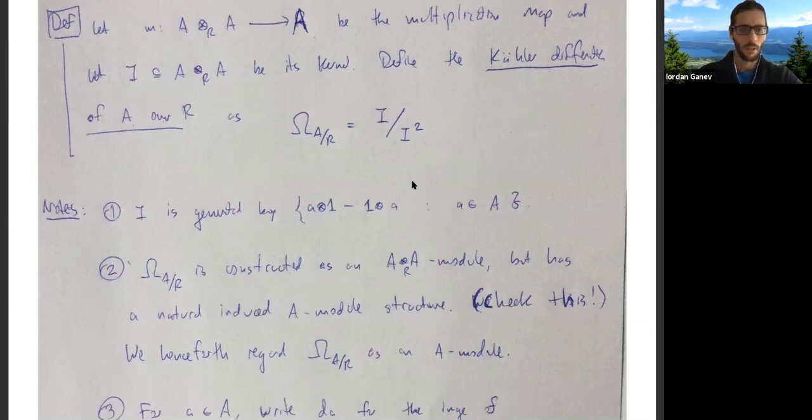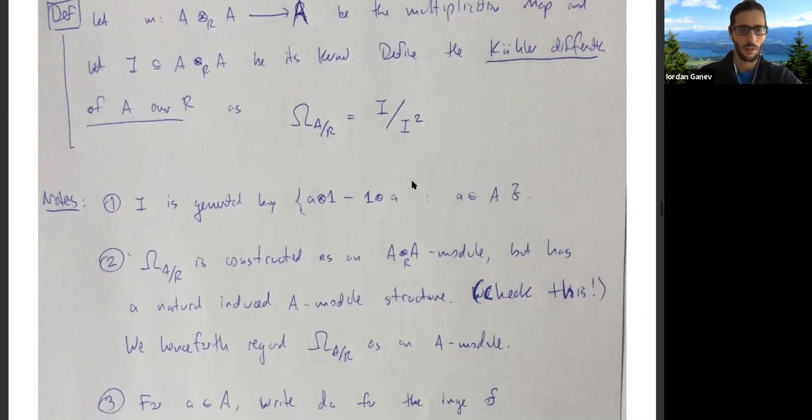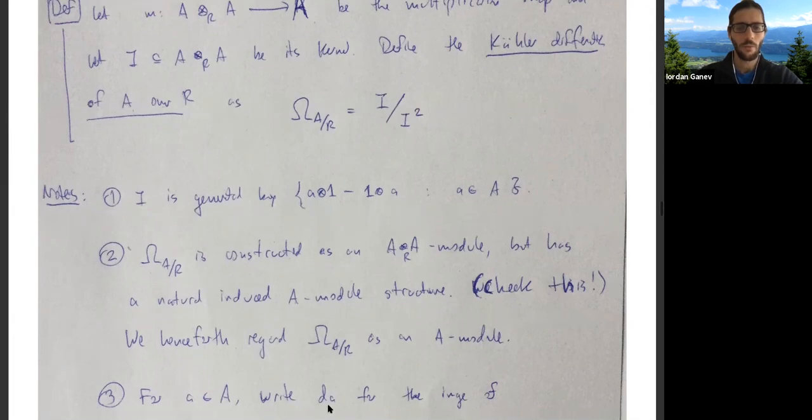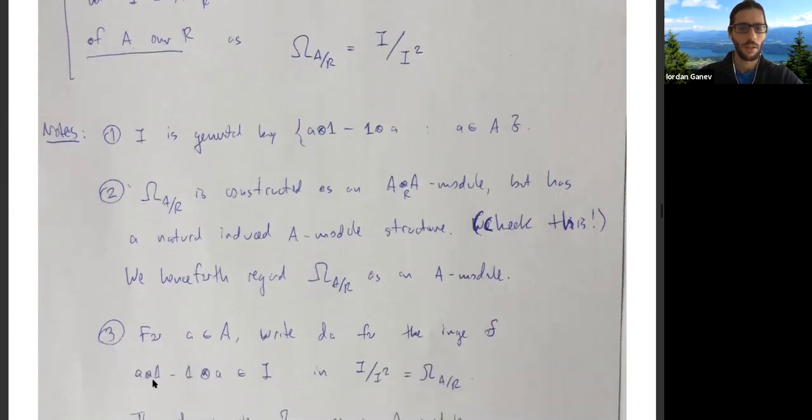All right, so I mentioned that these elements generate this ideal. That means these elements define elements of this module. So we're going to write da for the image of a tensor 1 minus 1 tensor a, which lives in I, and its image inside of the Kähler differentials.